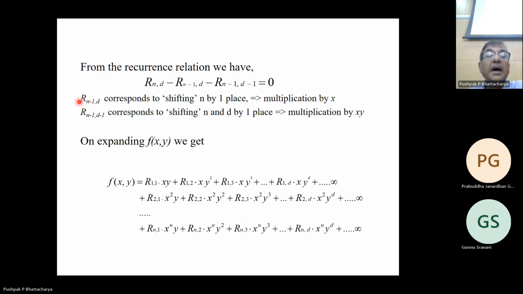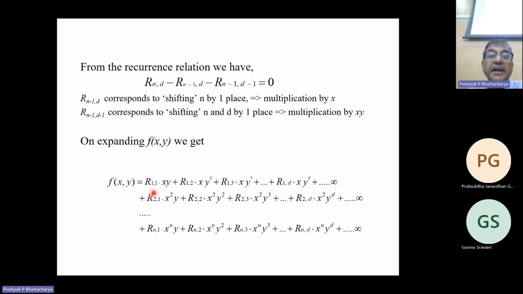Okay. R(n-1, d) corresponds to shifting n by one place. So if we multiply the generating function by x, then we'll achieve this effect of shifting n by one place. And R(n-1, d-1) corresponds to shifting n and d by one place, multiplication by xy. So let us see how it happens. f(x, y) is R11 xy, R12 x y squared, R13 x y cubed, and so on up to infinity.